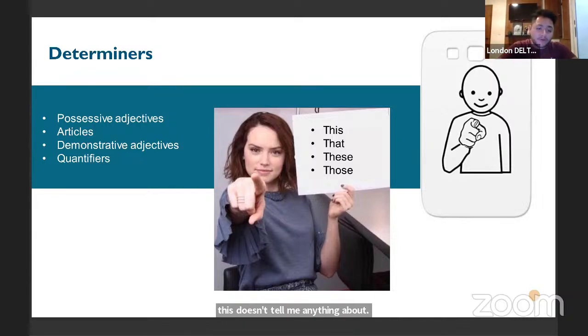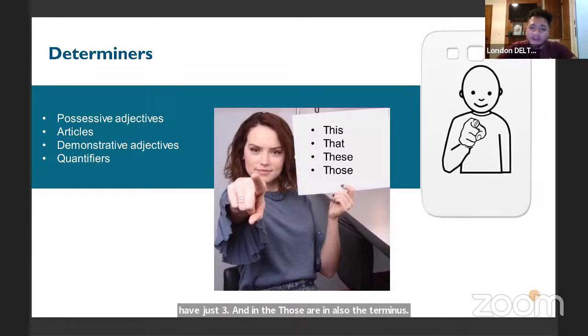Entonces yo, por ejemplo, digo my car y así con esto puedo decir algo, comentar algo, determinar algo sobre el sustantivo. His car, el carro de él, ¿no? Entonces la palabra my, his, your, los posesivos son determinantes. They are determiners. The articles, in English, we have just three: a, an, and the. Those are also determiners.